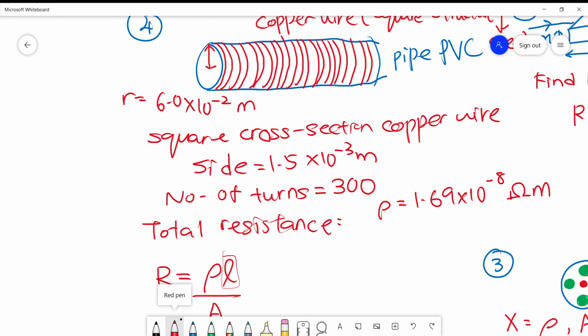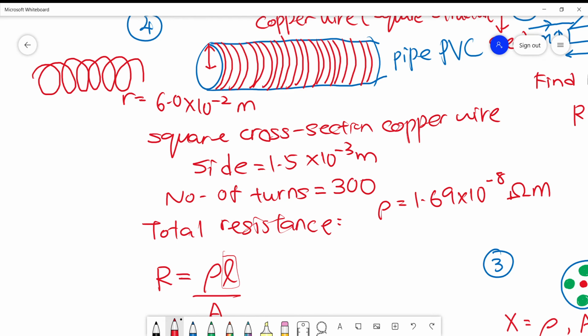When the copper wire is surrounding the PVC pipe, it forms a circle. So this is the circle here.